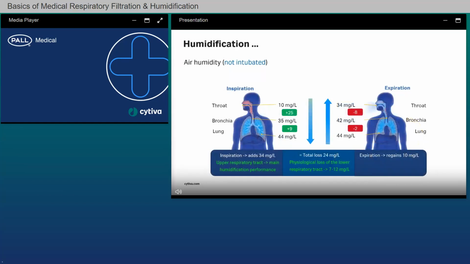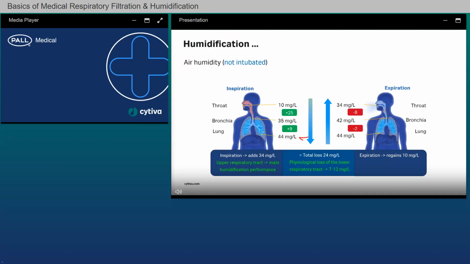This is a spontaneous breathing patient, physiological condition. The patient inhales and the usual air has about 10 milligram per liter average humidity in it. In the upper respiratory tract, the body adds about 25 milligram per liter. Now we're at about 35 milligram per liter. The lower respiratory tract adds now 9 milligram per liter.